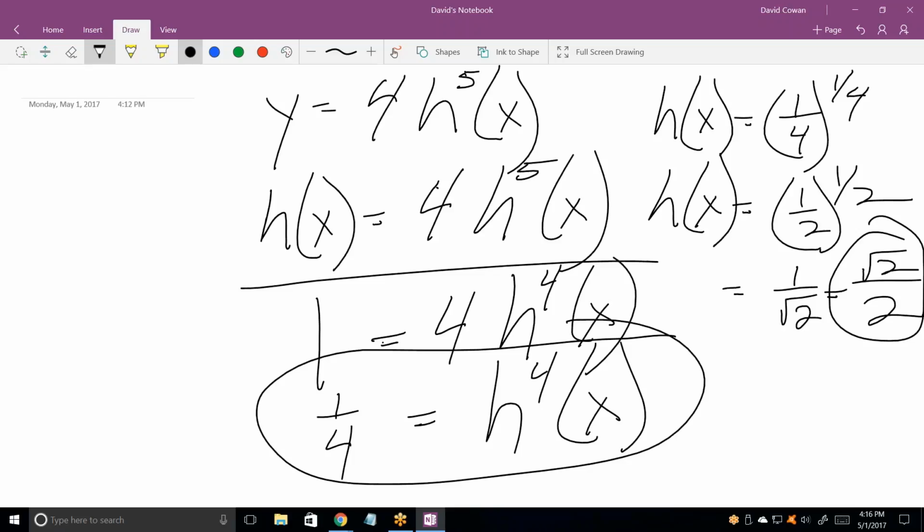You wouldn't be able to necessarily divide both sides by h of x if it was ever equal to 0. In other words, the way I actually did that probably was not the best way, the more I think about it, because one thing I've discovered is that if you divide both sides of an equation by something that could be 0, and 0 is one of the possible solutions, you lose it.